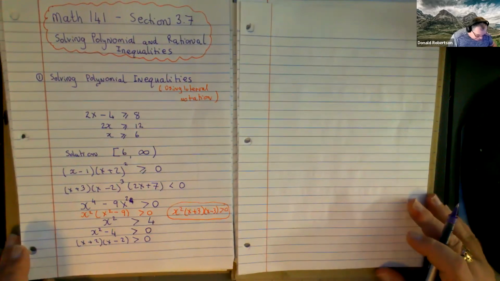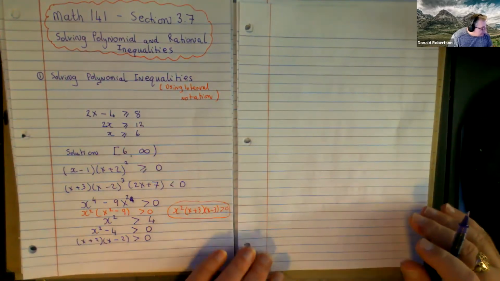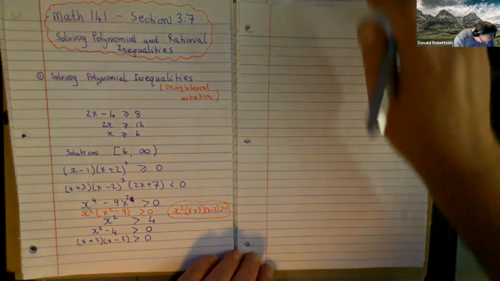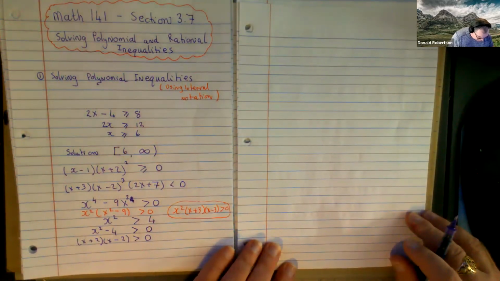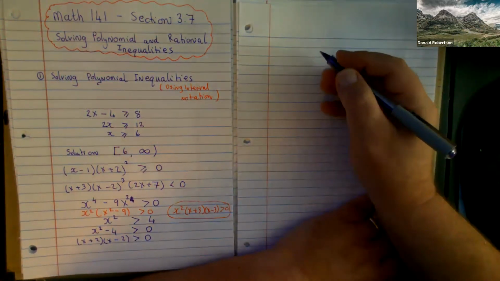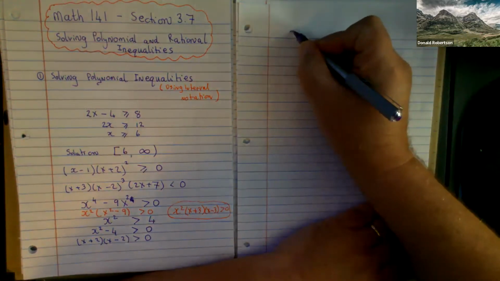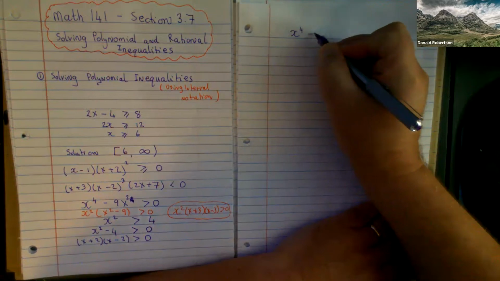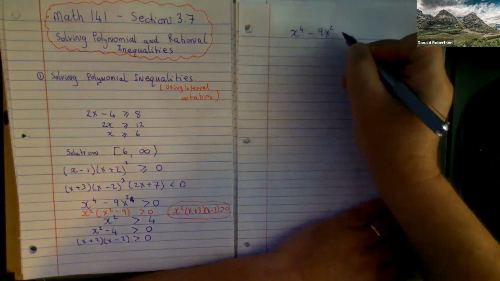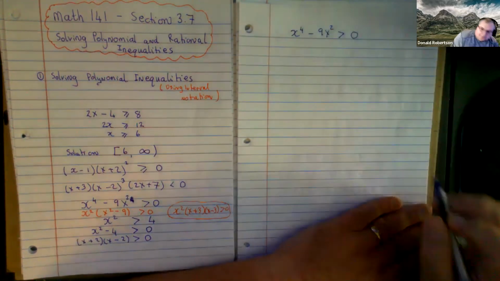So let me take you through the list of things that you need to do to solve a polynomial inequality. So I'm going to take the worst case scenario. Let's take this one here. So suppose you were being asked to solve that.